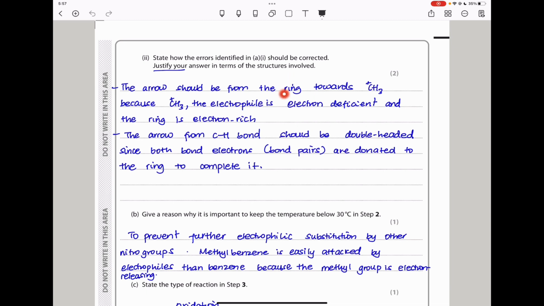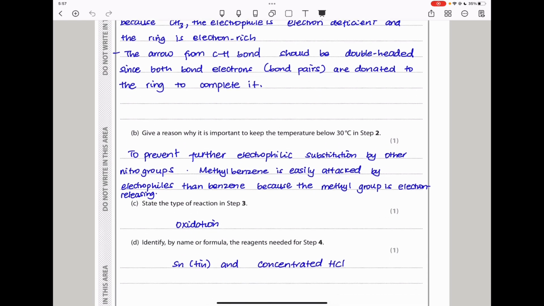So the electron rich ring should give electrons to the electron deficient electrophile. I say it because CH3 plus is the electrophile, is electron deficient, and the ring is electron rich. Next, I say the arrow from the carbon-hydrogen bond should be a double-headed arrow, since both electrons from that bond are donated to the ring in order for the ring to be completed.